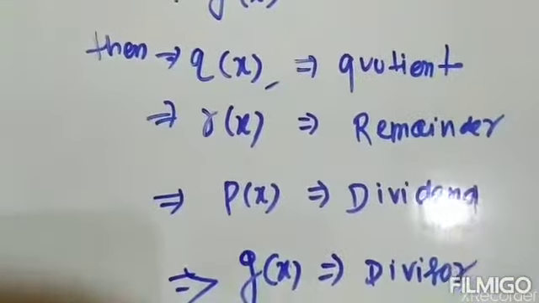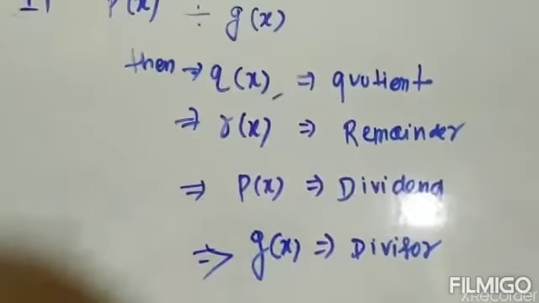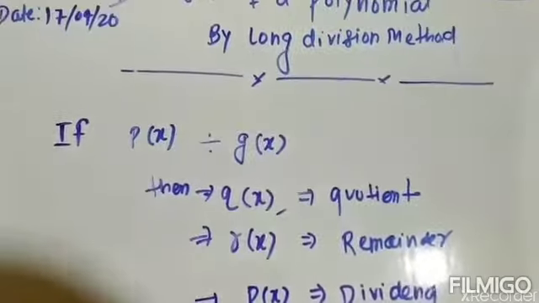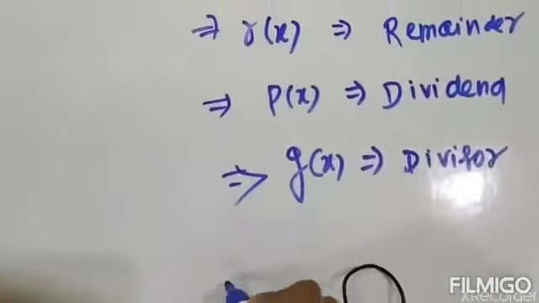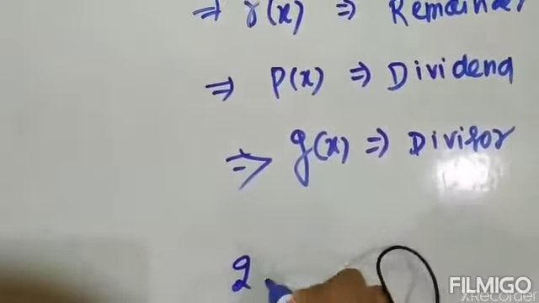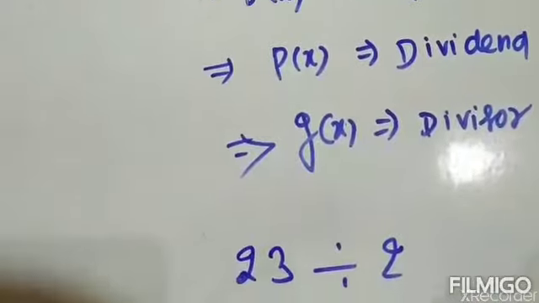So, dear students, you already know the division algorithm and how we verify division. Let us see one very easy example. If we divide 23 by 2, how do we divide?